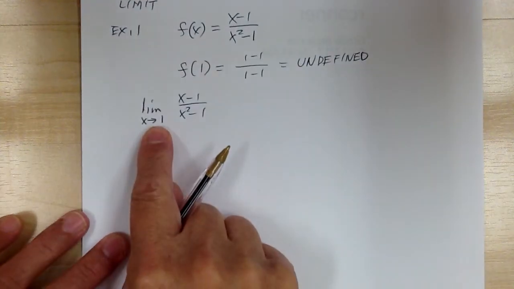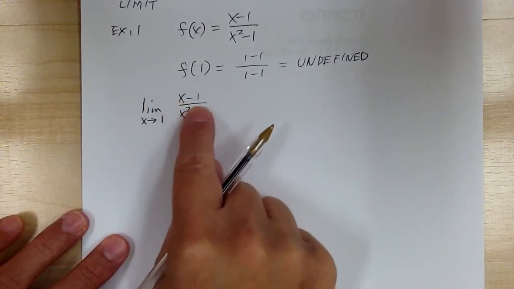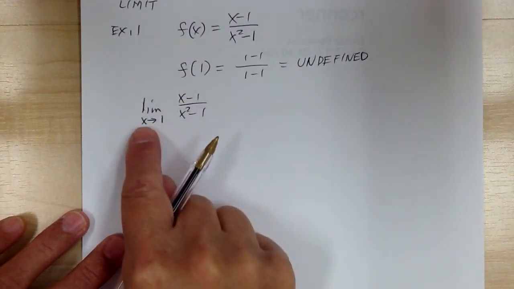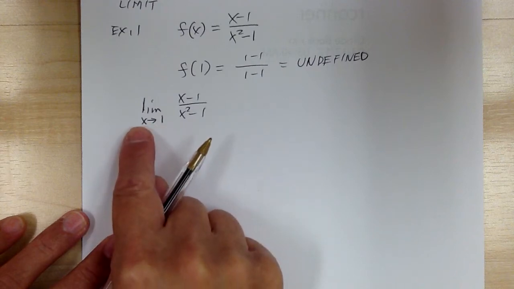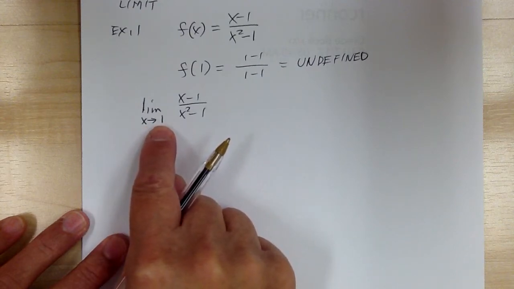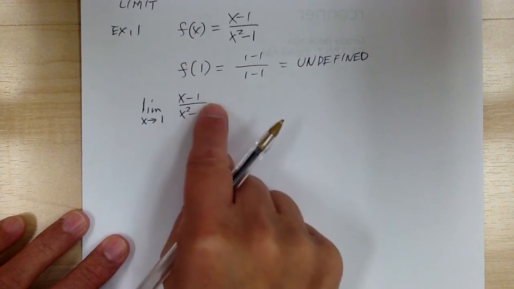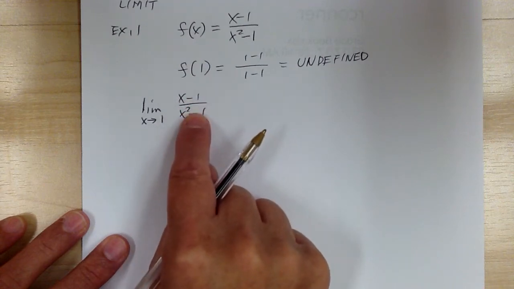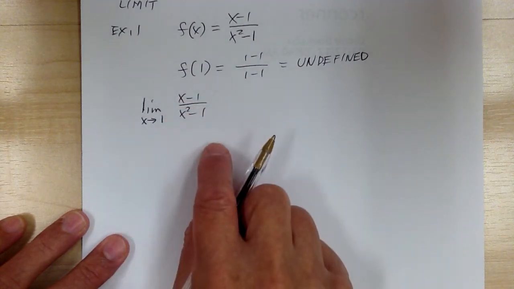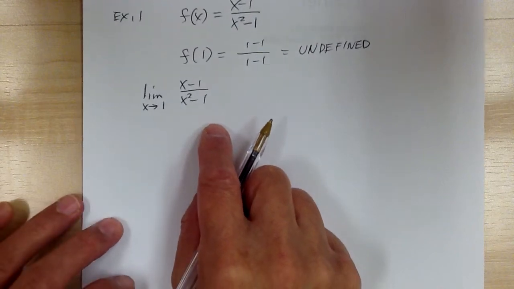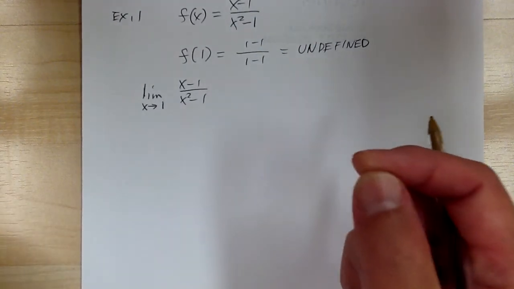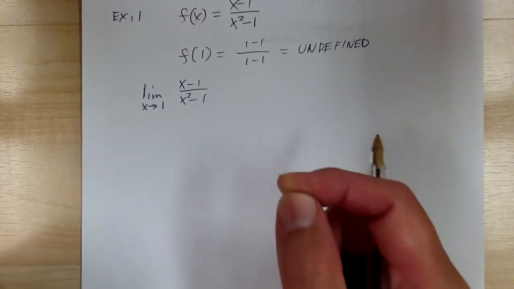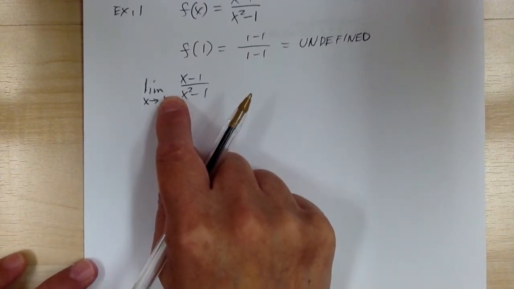So what it's saying is that you want to find out what this approaches as x gets closer and closer to 1. When x gets closer and closer to 1, y gets closer and closer to what value? That's what the limit is.